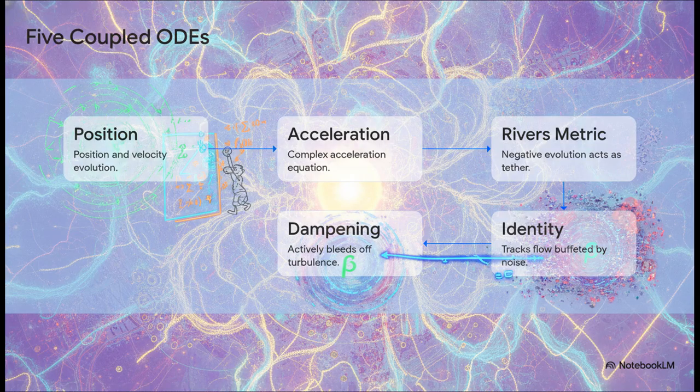But step 2, that throws in a massive, complex acceleration equation fighting against linear damping and structural origins. Step 3 is our gravity tether, the river's metric constraint evolving negatively based on the exponential of our distance from the origin. Step 4 tracks our identity flow while it's getting continuously buffeted by that noise variable. And finally, step 5 is our noise dampening law, actively bleeding off the turbulence using our beta constant.